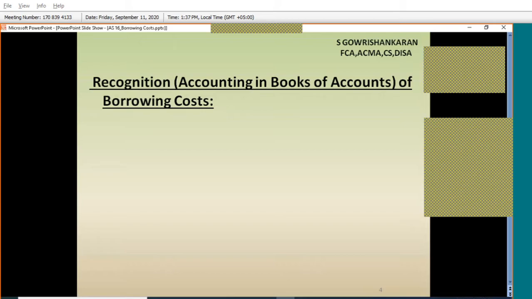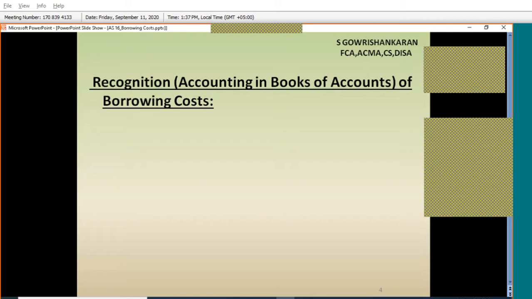So the first step is identifying whether the asset is a qualifying asset or not a qualifying asset. Next step is, yes, I identified it is a qualifying asset. What should I do next? What I should do in my books of accounts. That is the next step.